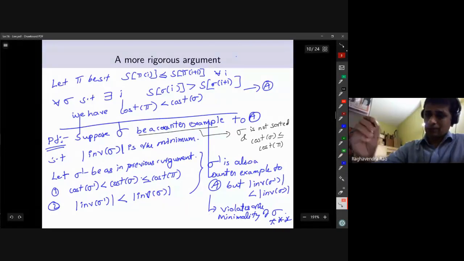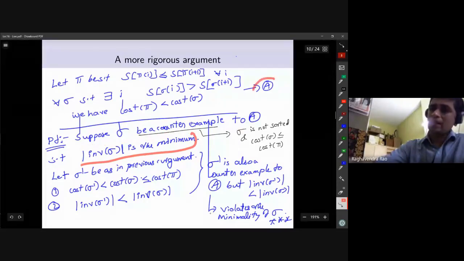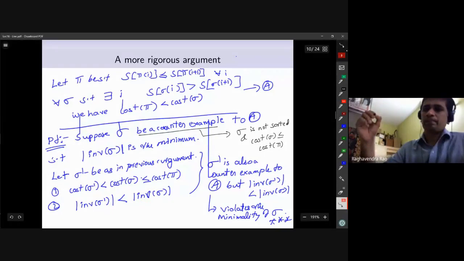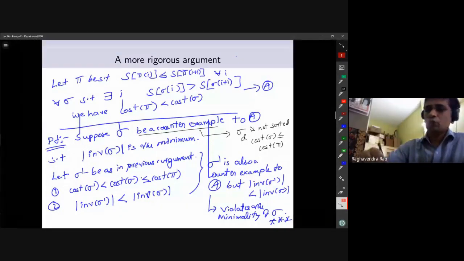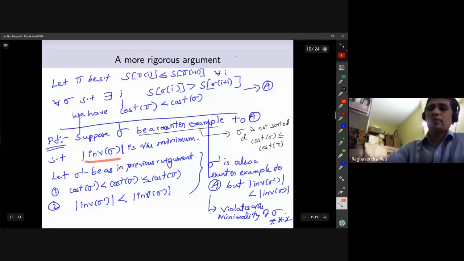Yeah, that's a good point. The statement that is violated is that this is minimum. So you got a permutation which also satisfies the condition, that is, violates A, but with a smaller number of inversions. See, what we did was, when we chose sigma, we chose the one with the smallest number of possible inversions, right?